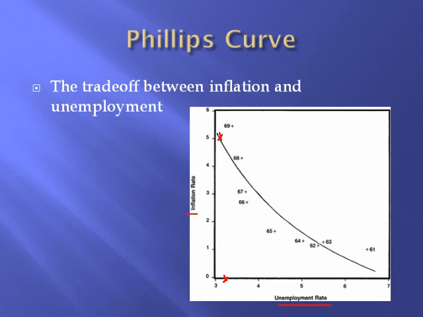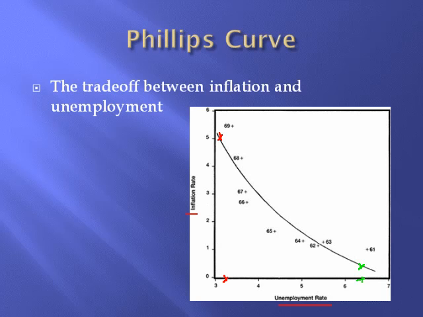When the inflation rate drops down here, so we have a very low inflation rate, about 0.5%, that corresponds to a much higher unemployment rate, which is over 6%. Now, what Phillips noticed was that in the decade of the 1960s, there was a pretty stable and pretty obvious relationship between those two variables.